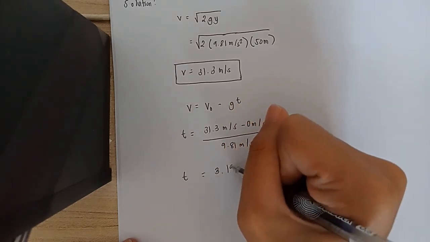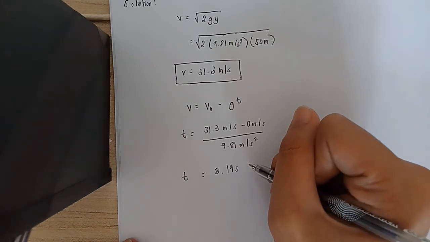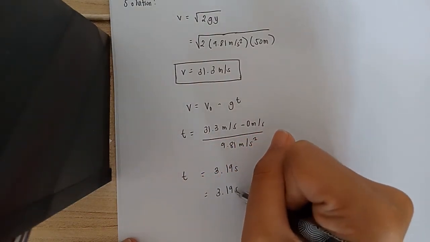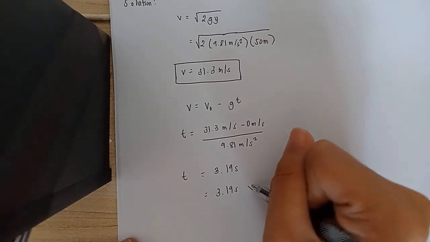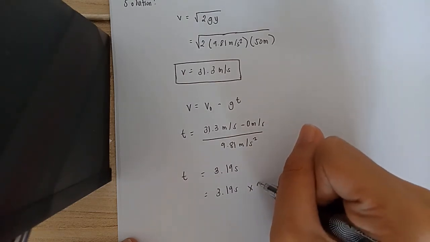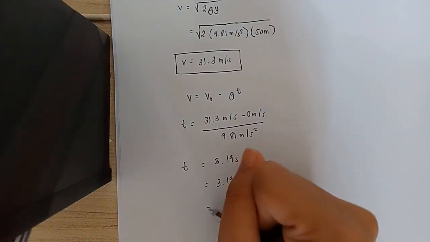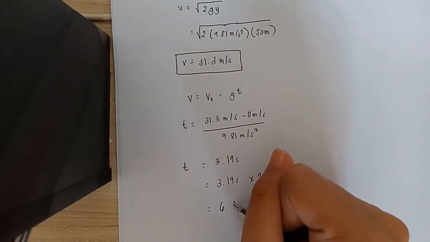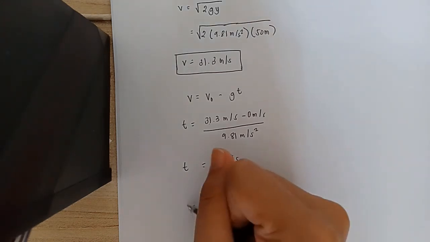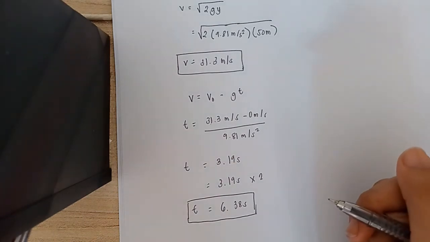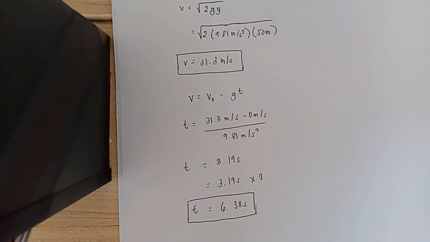So the time would be 3.19 seconds. But hindi pa tapos yan because that's only the time that the ball reached the maximum height. Paano pag bumaba na? So we need to multiply it by 2. Yung pag-angat niya is 3.19 seconds. Yung pagbaba niya din is 3.19 seconds. So that will be 6.38 seconds. That will be the time of the ball.